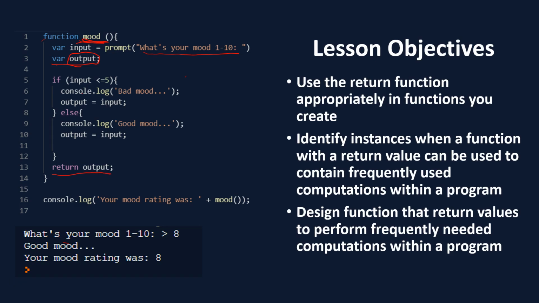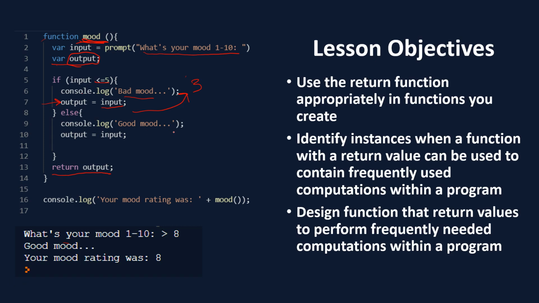So in a nutshell, what we have here is this if statement. So if the user inputs less than or equal to 5, then that means they're in a bad mood. So then the variable output is going to be assigned what the input was. So if the person put in a 3, that would fit into this condition. So then output would equal 3.